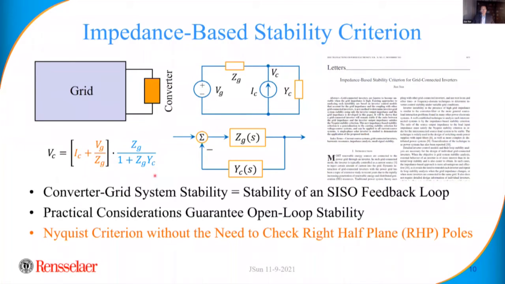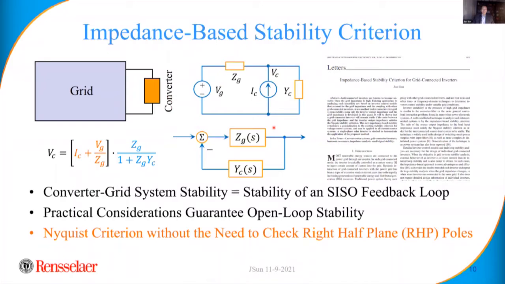Once you have that transfer function, you will immediately see that it is actually equivalent to a feedback loop where the grid impedance is a forward gain and the converter admittance is a feedback gain. And these two form a negative feedback loop. The transfer function of the equivalent circuit, or the converter-grid system, is equivalent to the transfer function of this closed loop system.